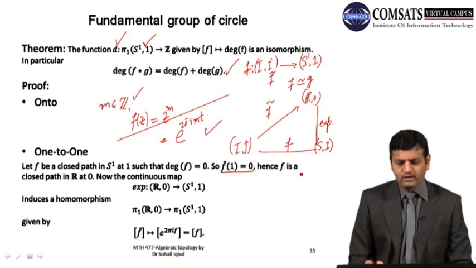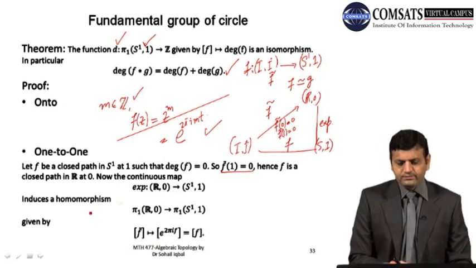Hence f tilde is a closed path in R at 0. So why is this a closed path? Because we have also seen that f tilde is a continuous function, and f tilde of 0 is 0 and f tilde of 1 is 0. So in this case, we have a continuous function with the same initial and final point, which means it's a loop in R at 0.